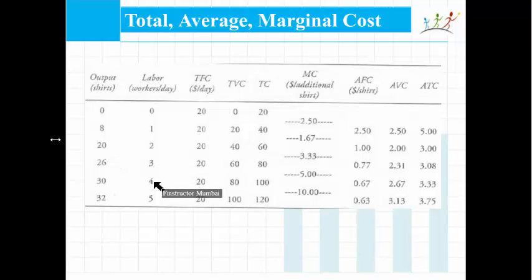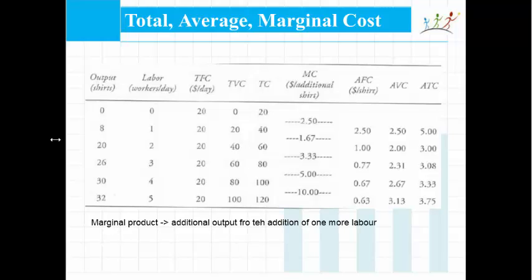As I hired 1 more, the marginal product was even lower. Please understand the definition of marginal product. It is defined as the additional output from the addition of 1 more labor.